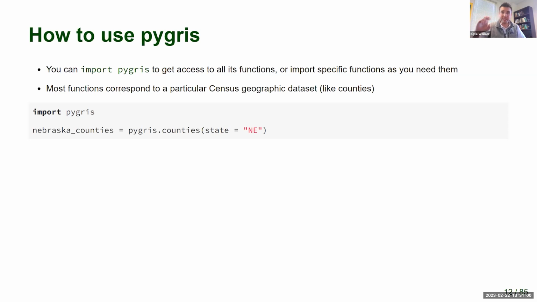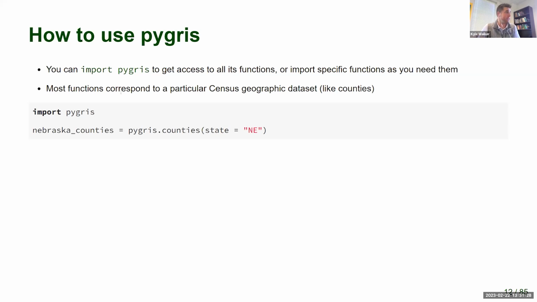Functions are going to be little bits of code that run very specific things. And so inside of pygris, there are several modules, and then there are a bunch of different functions. And if you've ever used Tigris before, pygris works in a similar way, where I've organized different census data sets, so different geographies, counties, census tracts, what have you, they all get their own function.